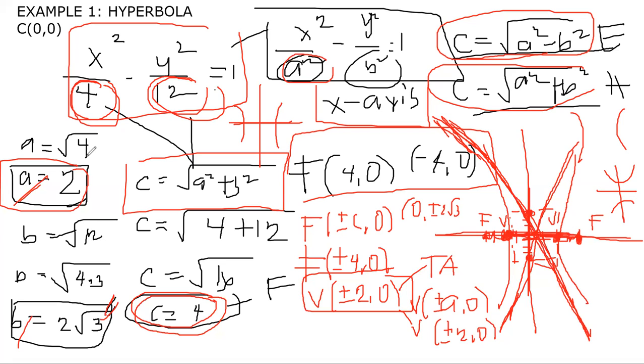So, gagamitin natin si A. Dahil dyan, aatras tayo from foci to vertex, kasi hindi pwedeng si foci ay nasa labas ni vertex. Laging si vertex, nasa loob niya si foci. Ito yung vertex natin, ito yung foci. And then, sa kabila, aatras din tayo ng 1, 2. So, nandito. Therefore, ang ating coordinates are positive, negative 2, 0.